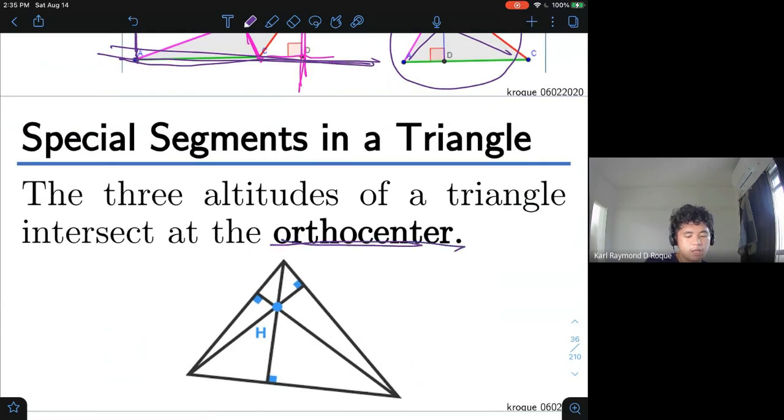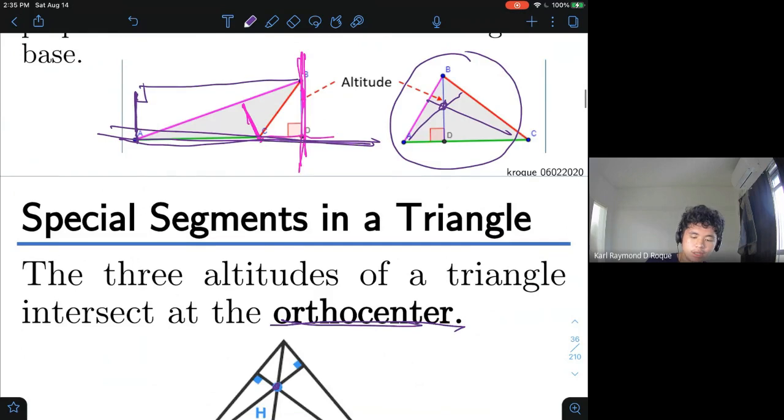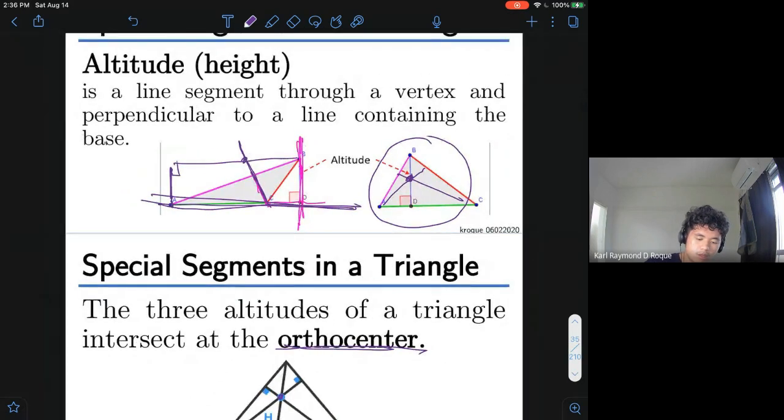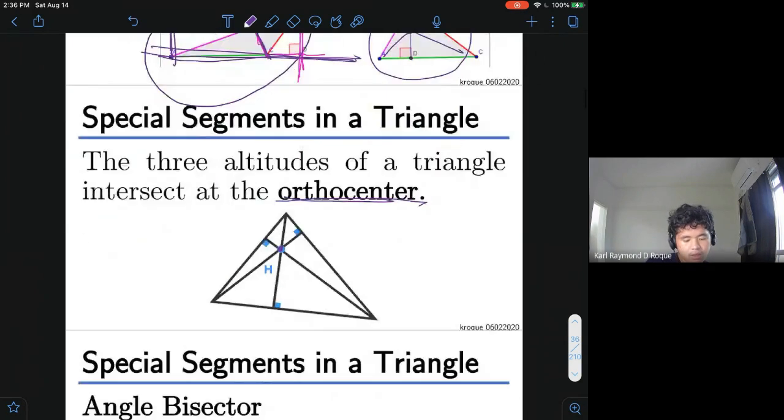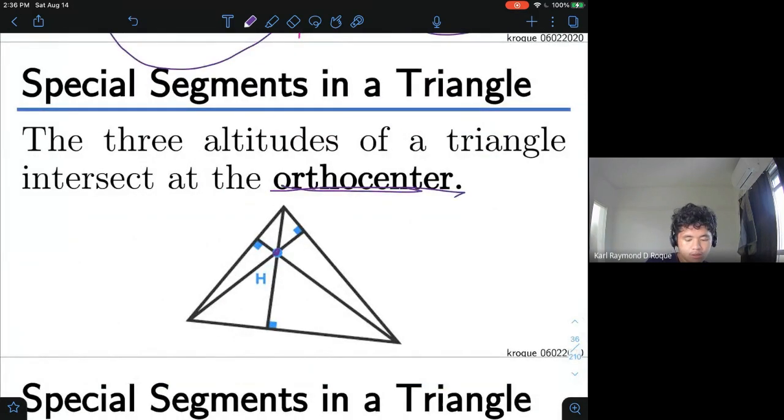That's the name. That's the H. The one from earlier is the orthocenter. Actually, I'm not sure about this one, I'll check later. So they intersect at the orthocenter. It has no special properties. I mean, it does, but I don't think it will be relevant for grade 10.